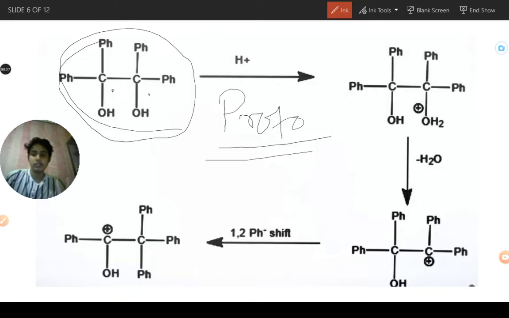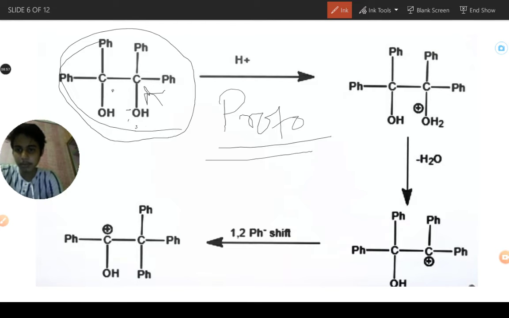After protonation, see, this is a symmetric carbon, so we can do the protonation anywhere. We have done the protonation here on this carbon. In this oxygen, you see there are lone pairs.